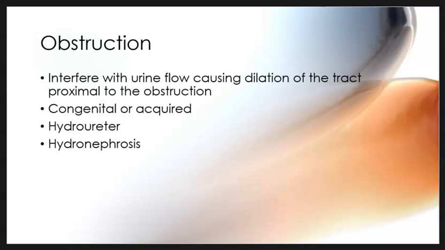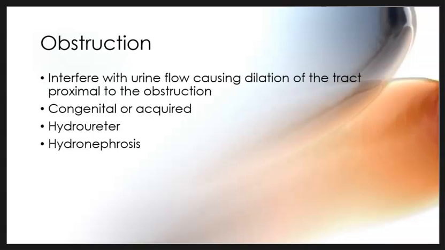So obstruction may be congenital or acquired. Congenital are typically seen in children due to anatomic abnormalities from birth that involve the ureteral valve, strictures of the urethral meatus, or stenosis at the ureterovesical or ureteropelvic junction. Acquired includes renal calculi and tumor growth.